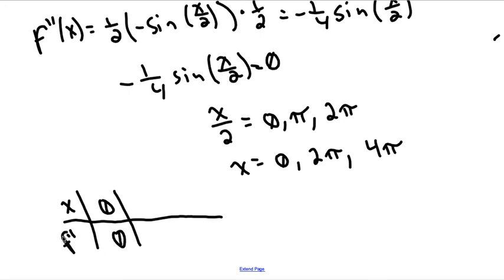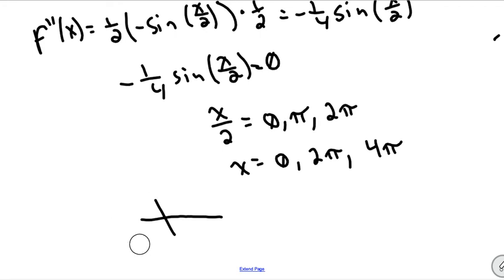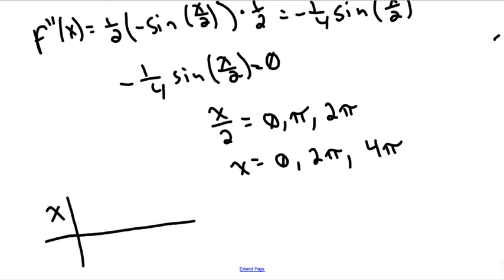So next. Let me fix this table. This is bothering me. All right, so we need a value that's going to be, so here's our 0.